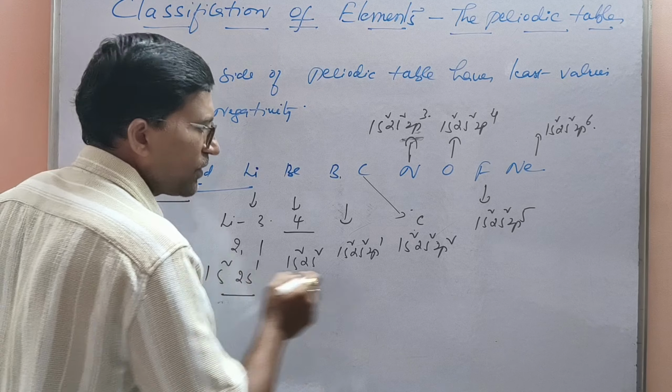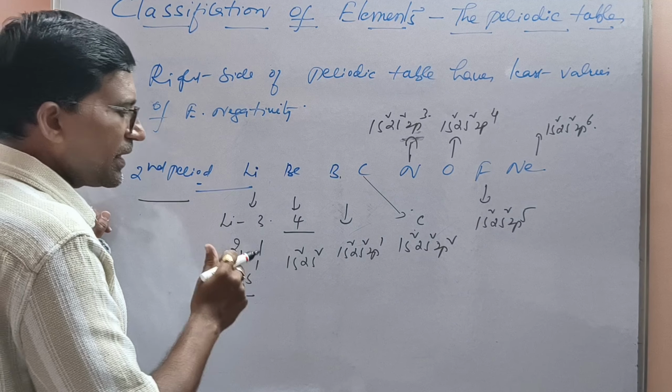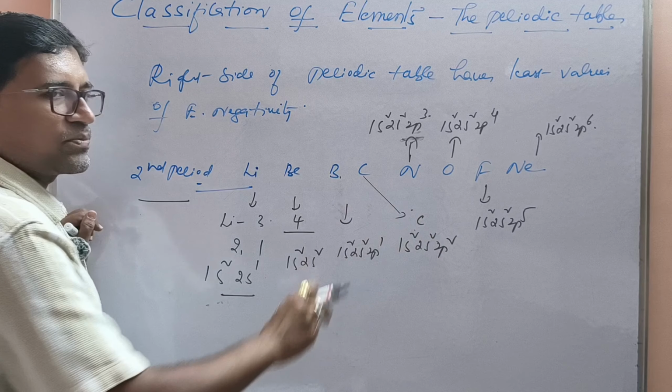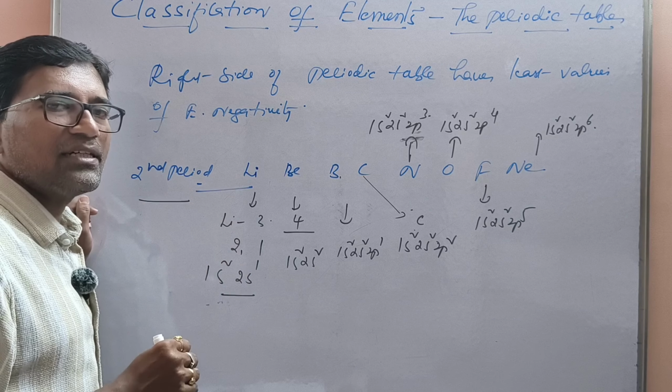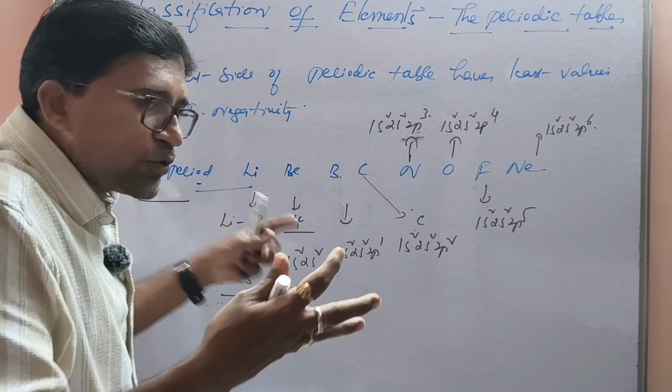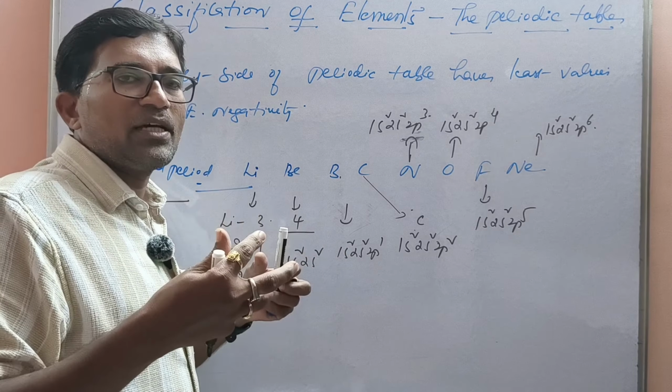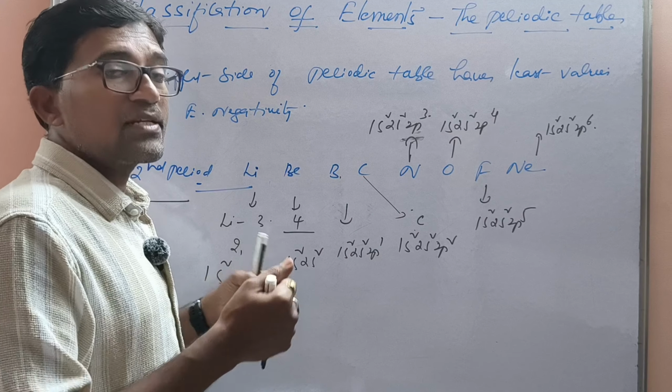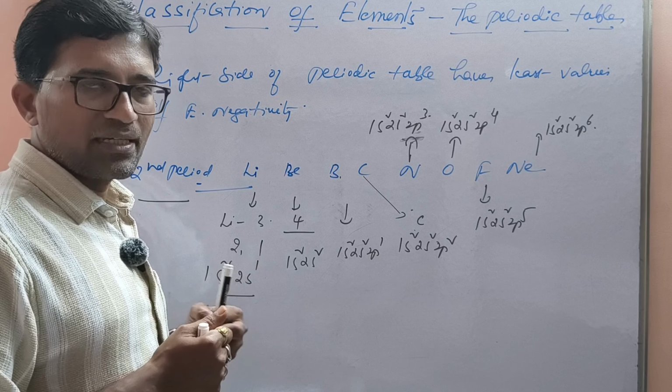So as we are moving from left to right, the common thing we observe is that the atomic radius is decreasing. As the atomic radius decreases, the attractive force between the nucleus and the shell electrons will increase. As the attractive force increases, it is very easy to gain an electron. The electron will be pulled easily towards the nucleus, hence the shell size may decrease.